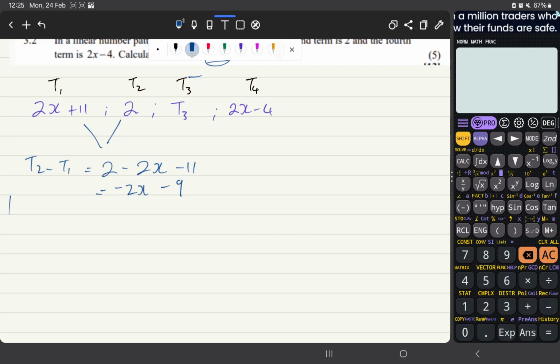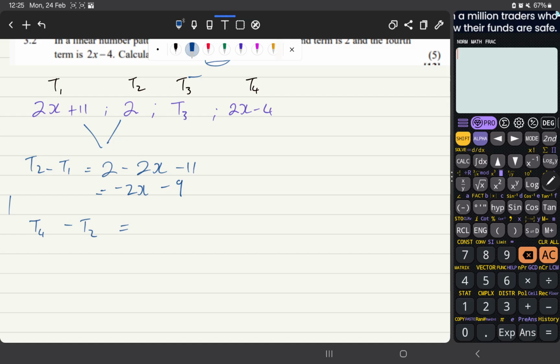I can use T4 and T2 as well. T3 is unknown, so let's avoid using it. Of course, you can work your way out and find T3, but yeah, T4 minus T2.